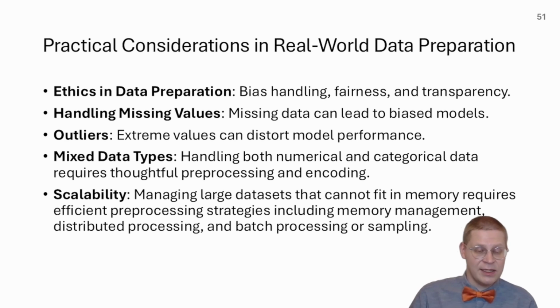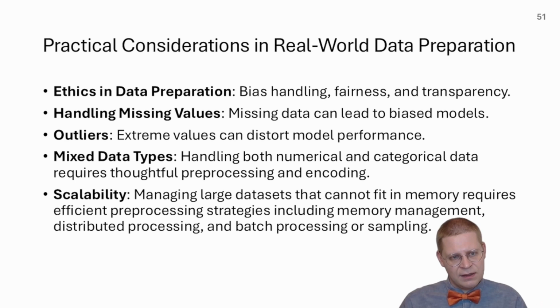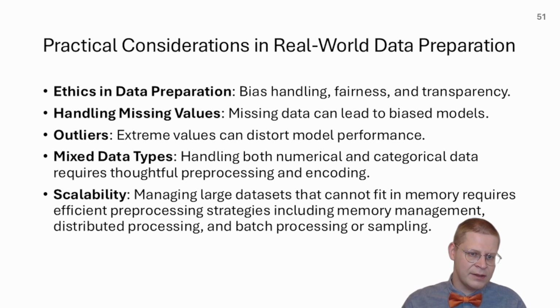And of course, scalability: processing large data sets that cannot fit in memory requires efficient pre-processing strategies, including memory management, distributed processing, batch processing, or sampling, and even sophisticated methods to calculate statistics, because if your data set is not fitting into the memory, it might be tricky to calculate standard deviation, mean, and other characteristics.